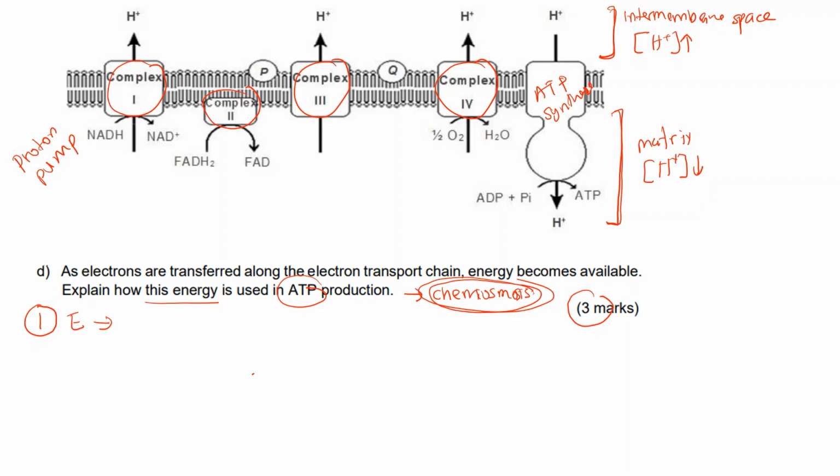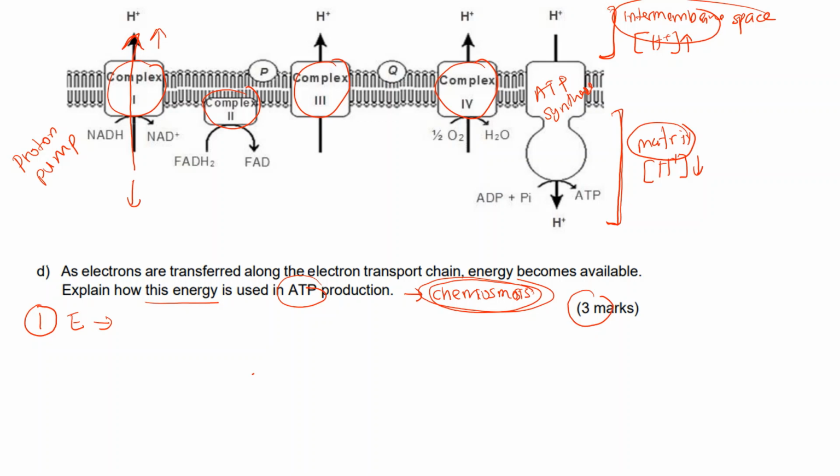It releases energy, and the energy is used to pump hydrogen ion using the proton pump, to pump hydrogen ion from the matrix into the intermembrane space, because it is from low concentration to high concentration region.